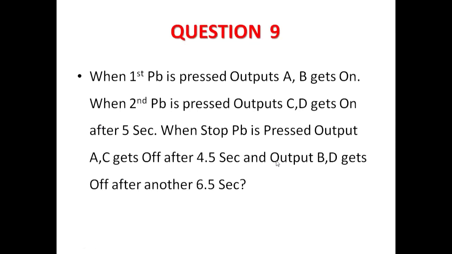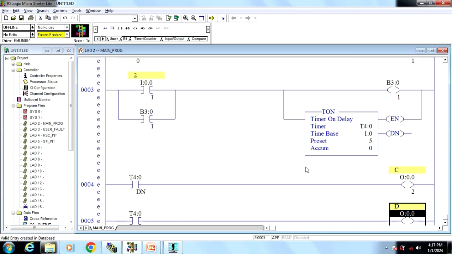When the stop push button is pressed, output AC gets off after 4.5 seconds. You can see one output is from the first push button, the second output is from the second push button. A and C get off after 4.5 seconds. So I have to use a TOF timer.